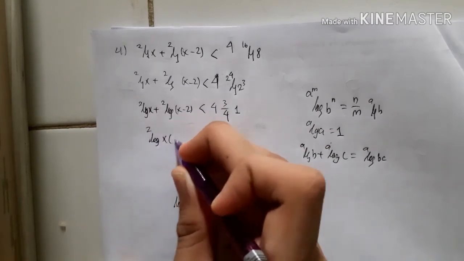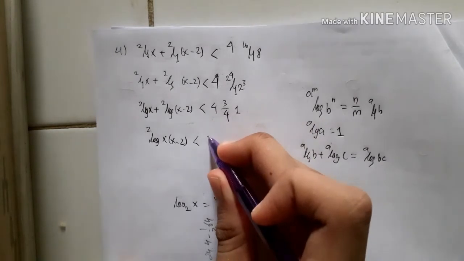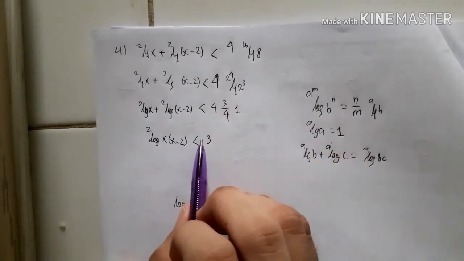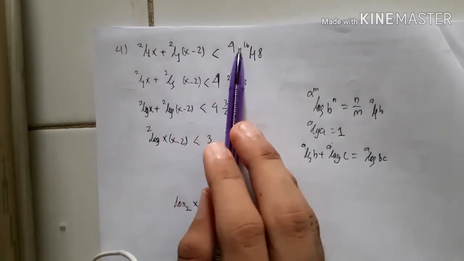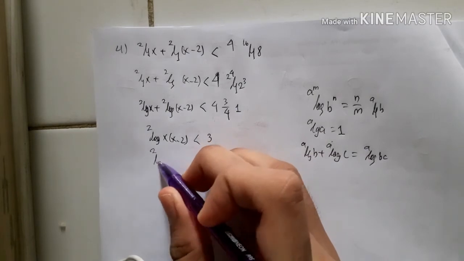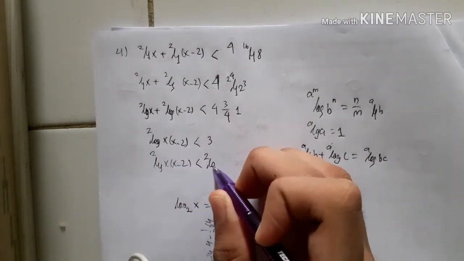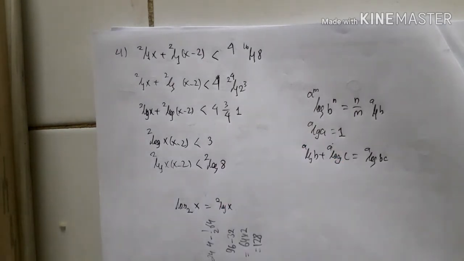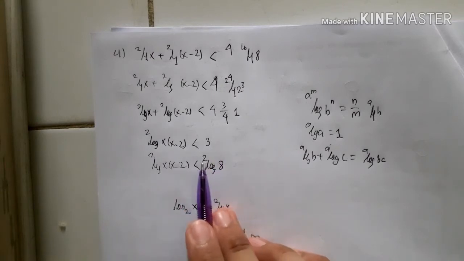Multiply that, x times x minus 2, and the 3 cancels. Remember, for this inequality, I said that we should equalize the base. We change it into logarithm form, that is base 2 logarithm 8, right? Because 8 is 2 to the power of 3. That is basically equal to 3.